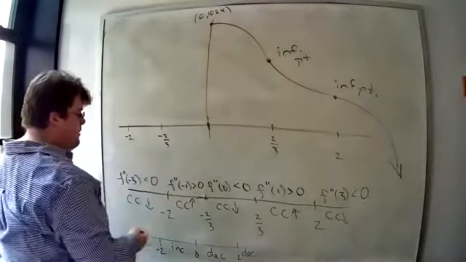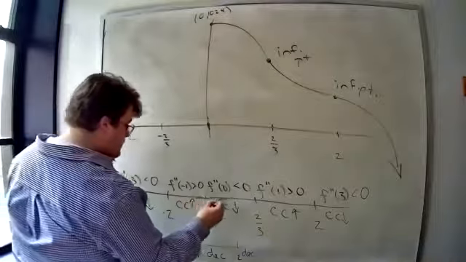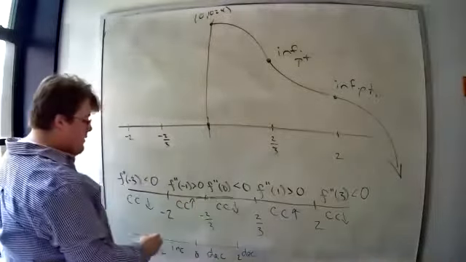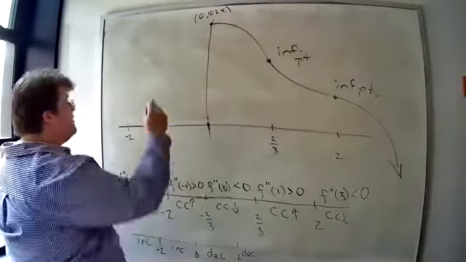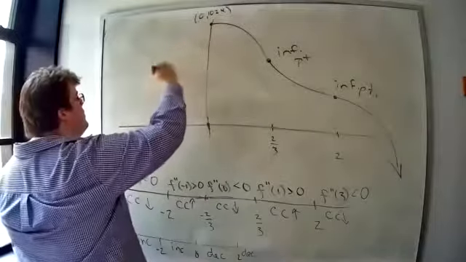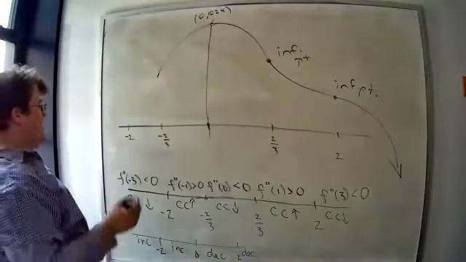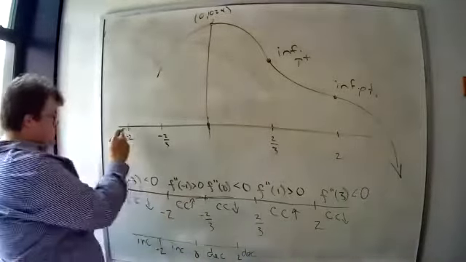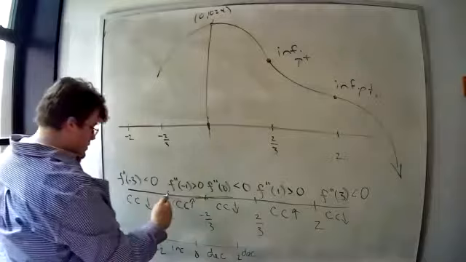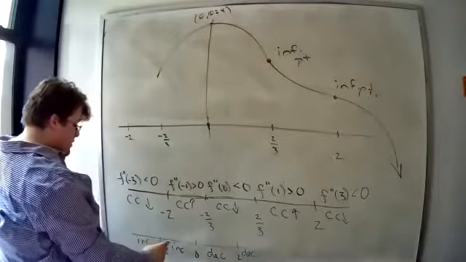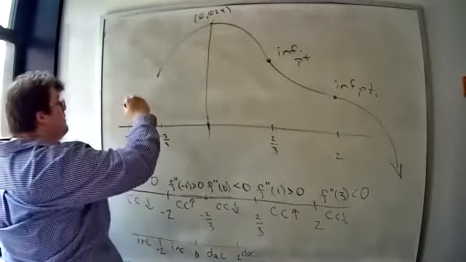from negative 2/3 to 0, concave down, but increasing. So from here to 0, concave down and increasing, looks like that. Negative 2 to 2/3, concave up and increasing.